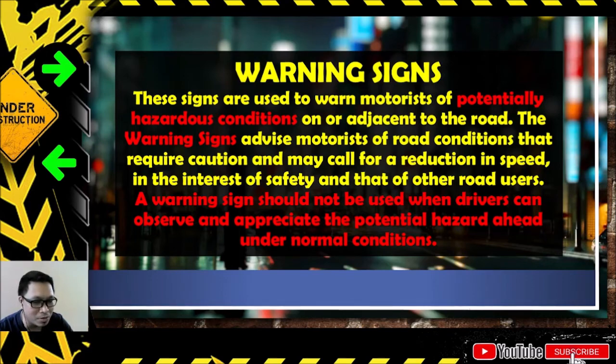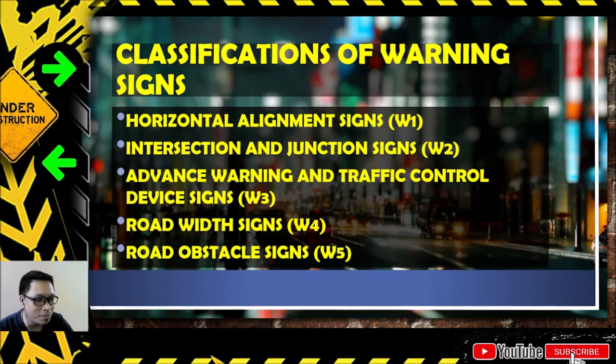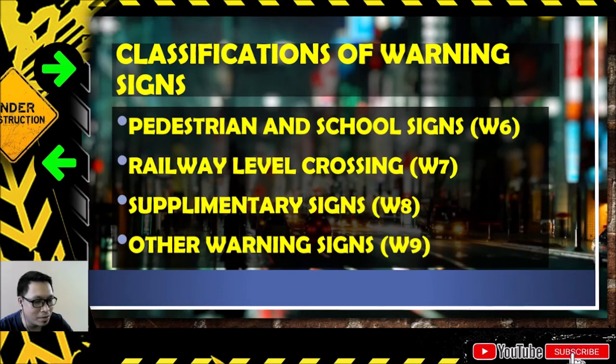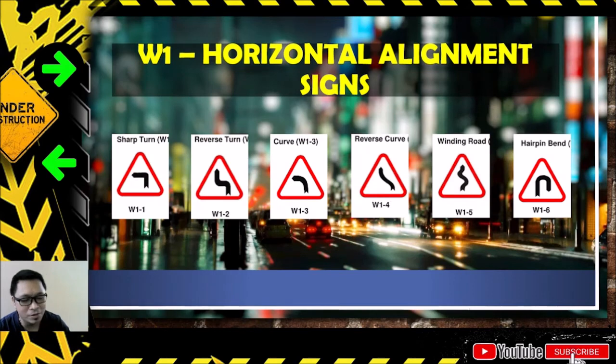warn the motorist ahead. So we have classifications of warning signs. Some of these are horizontal alignment signs, intersection and junction signs, advance warning of traffic control device signs, then road width signs, road obstacle signs, pedestrian and school signs, railway level crossing, supplementary signs, and other warning signs.